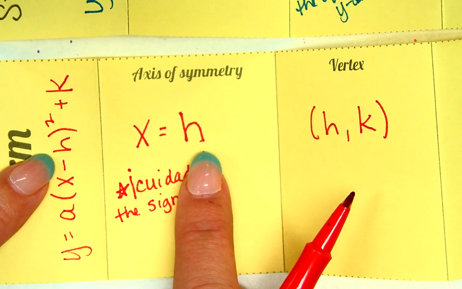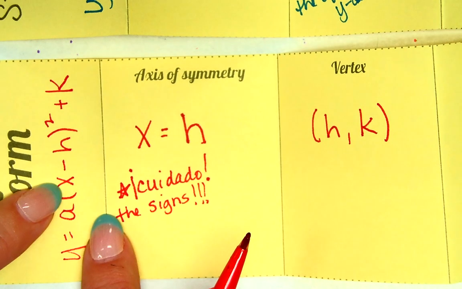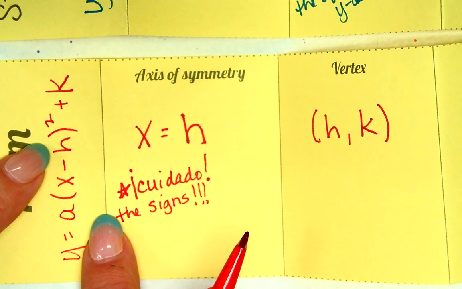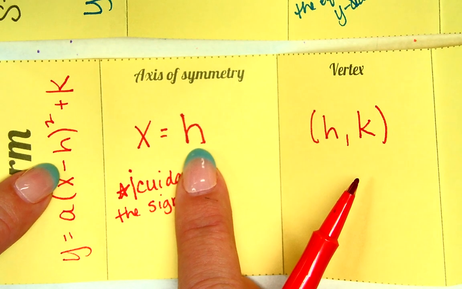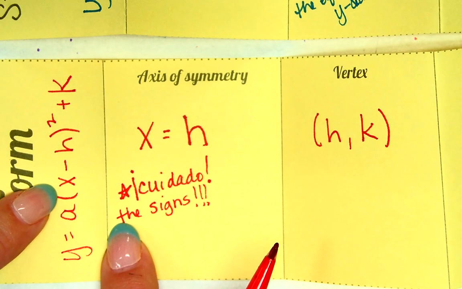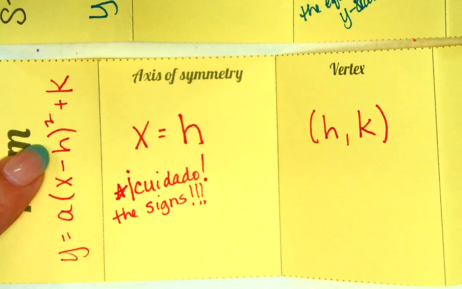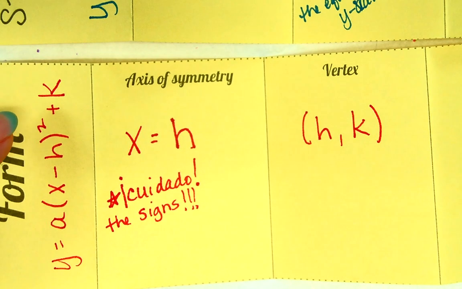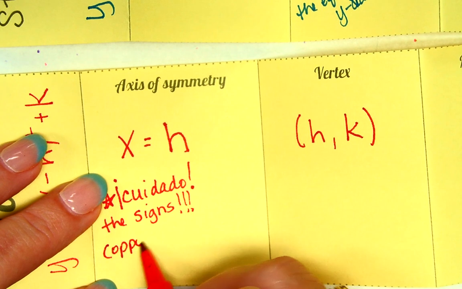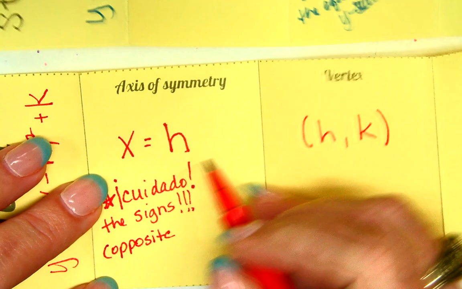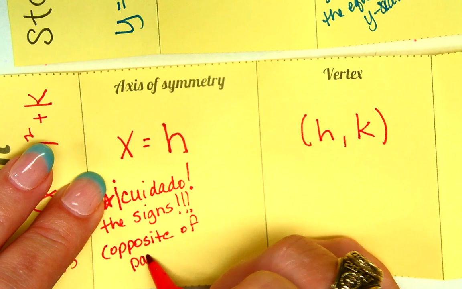It's just 2. It's not negative 2, even though it looks like negative 2 if it says x minus 2, right? But it's just 2 because the minus is in the formula. So if this said x plus 3, then what's h? Negative 3. Exactly. Does that make sense? So let's remind ourselves that it's opposite of the parentheses.